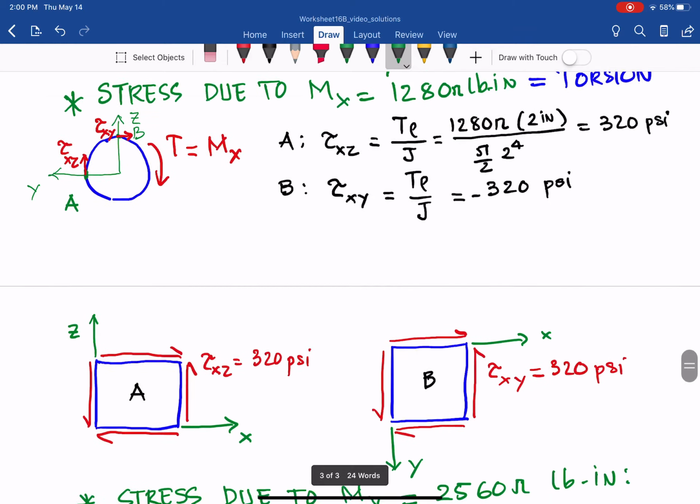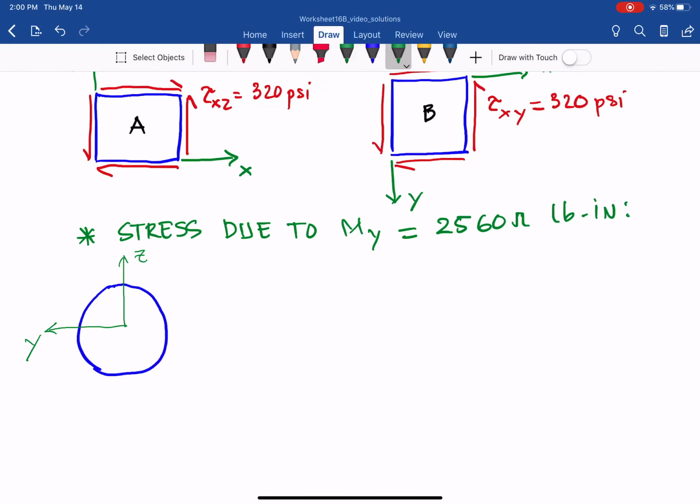It actually goes from the top to the bottom, outside of the cut. And the point here is point B, and that here is point A again.